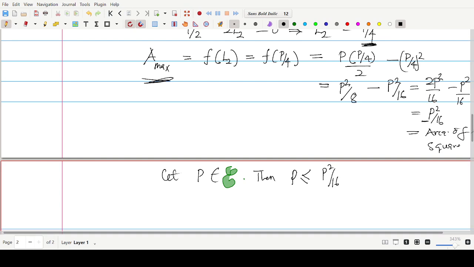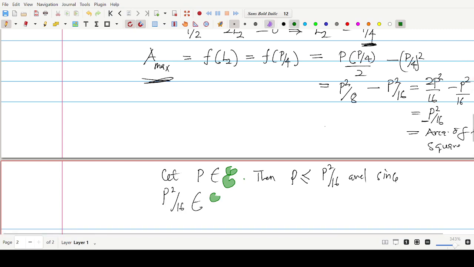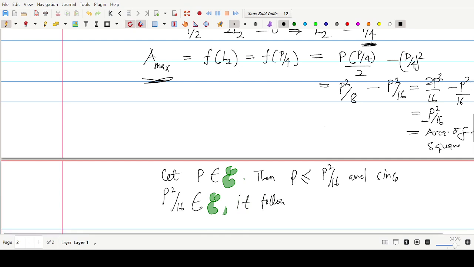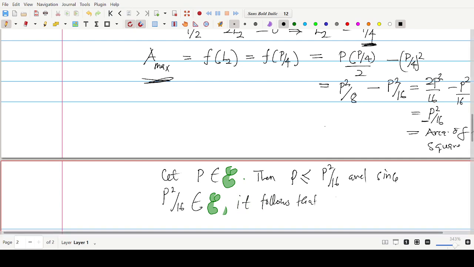And since P squared over 16 is an element of this set entity, it follows that the supremum of the set entity is equal to P squared over 16.